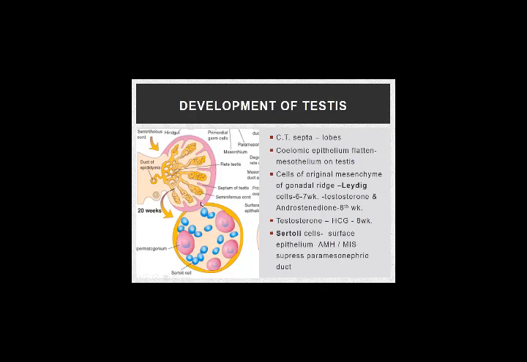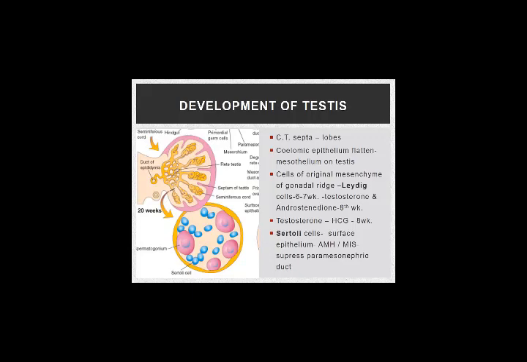Okay? Then you have cells. These are the primordial germ cells that have developed into the spermatogonia. Okay? This is under the influence of Leydig cells, which secrete testosterone and androstenedione. Testosterone at 6 to 7 weeks and androstenedione at 8 weeks.